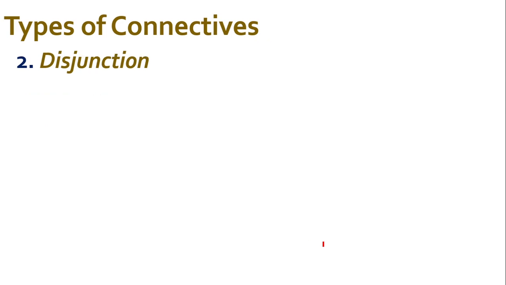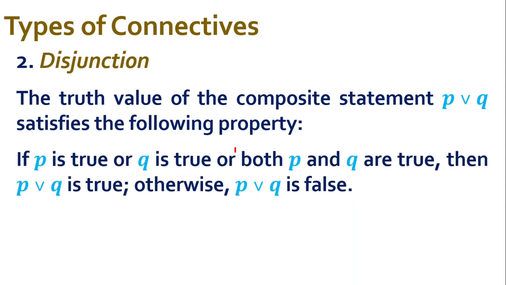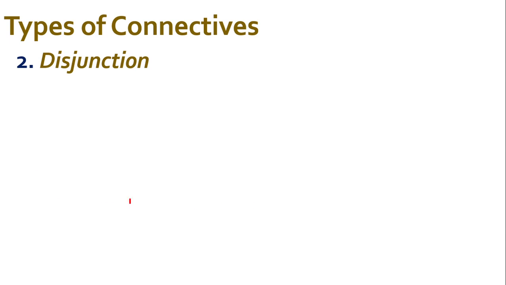Next, for this disjunction, the truth value of the composite statement P or Q satisfies the following properties. If P is true or Q is true, or both P and Q are true, then P or Q is true; otherwise P or Q is false. Check natin yung table.